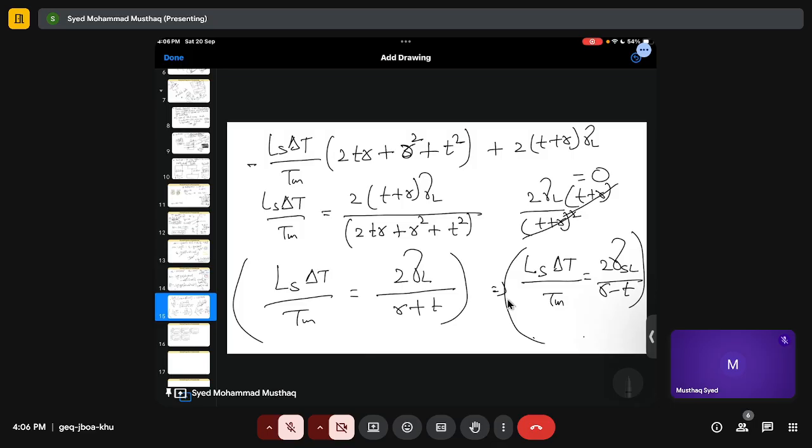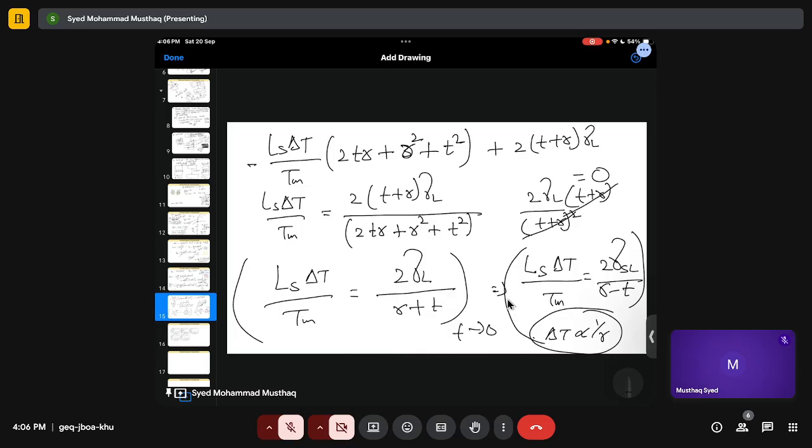So if t tends to 0, then you will have r. So delta T is inversely proportional to 1 by r. That's the relation we will finally achieve.